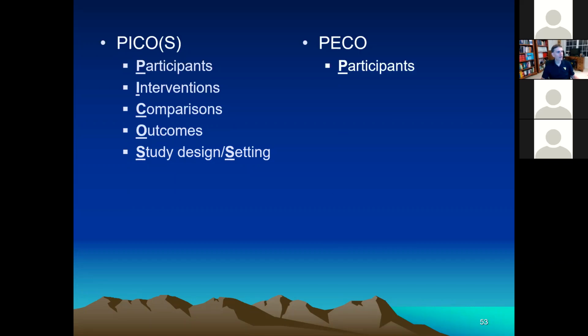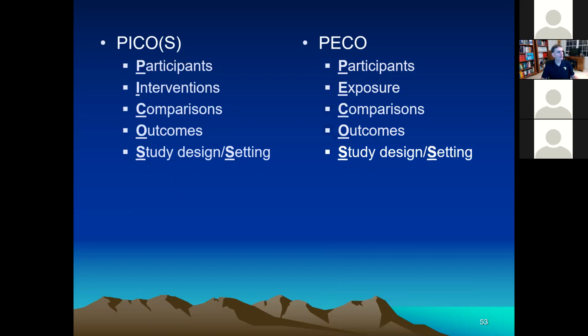So here's what it looks like. The only thing different here is exposure. Entonces así es como luce PECO. Estas son las iniciales y lo único que cambia es la E por la exposición. For example, you're not doing an intervention, but maybe you want to look at the effects of the association between air pollution, particulate matter, and cardiovascular disease.